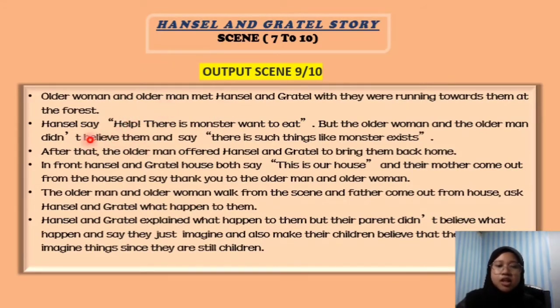Here Hansel said the dialogue where he said the monster wants to eat them. So the older woman and the older man of course didn't believe them and said there is no such thing as a monster. And then after that, they offer to bring Hansel and Gretel back home. So that's how we got to scene 10.